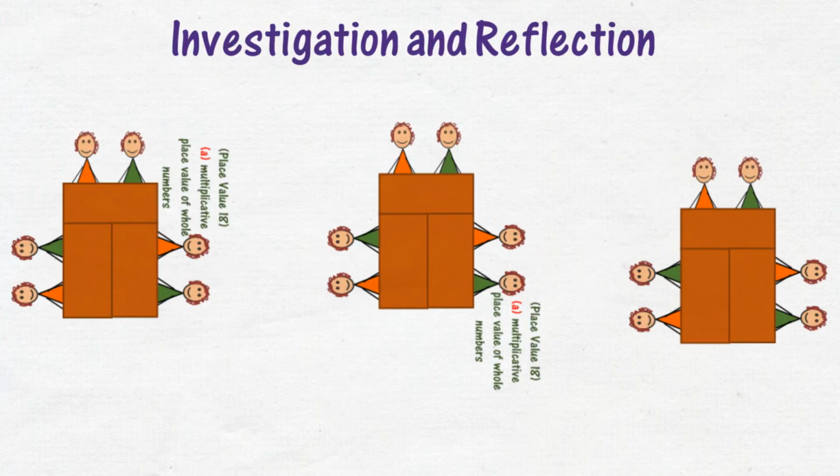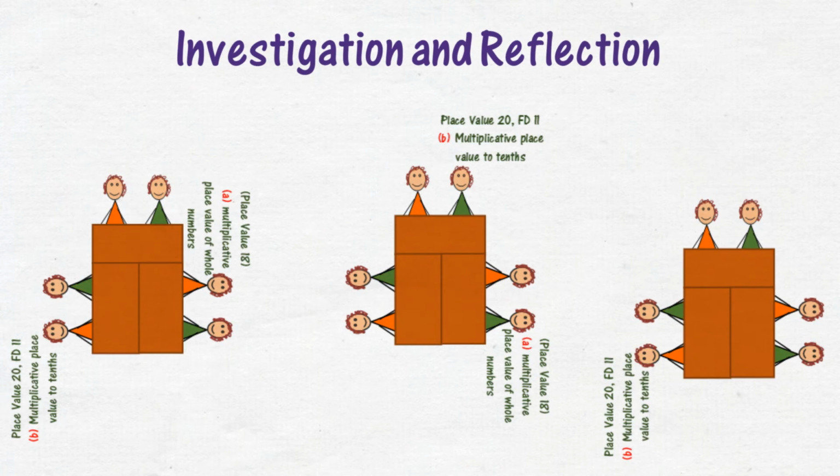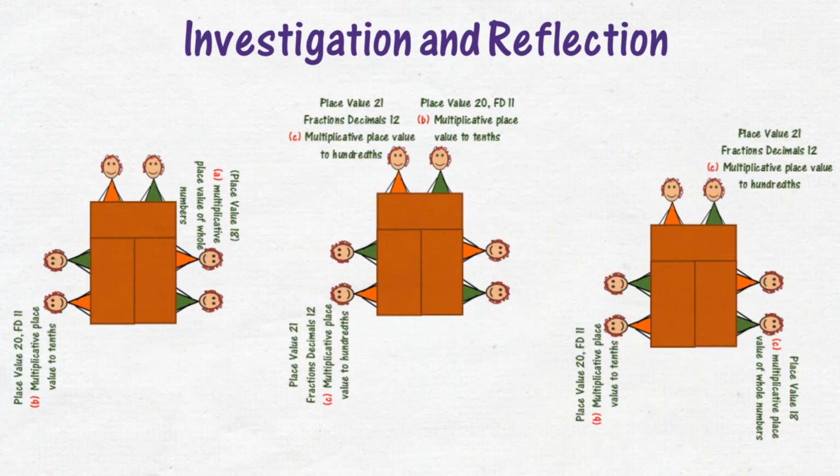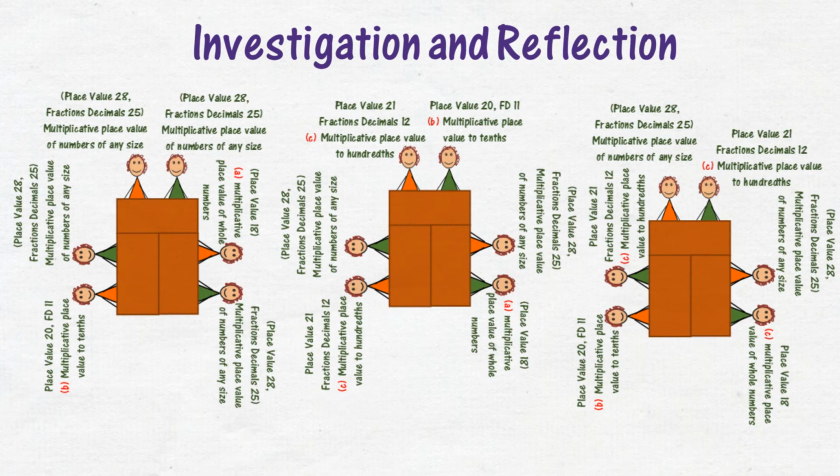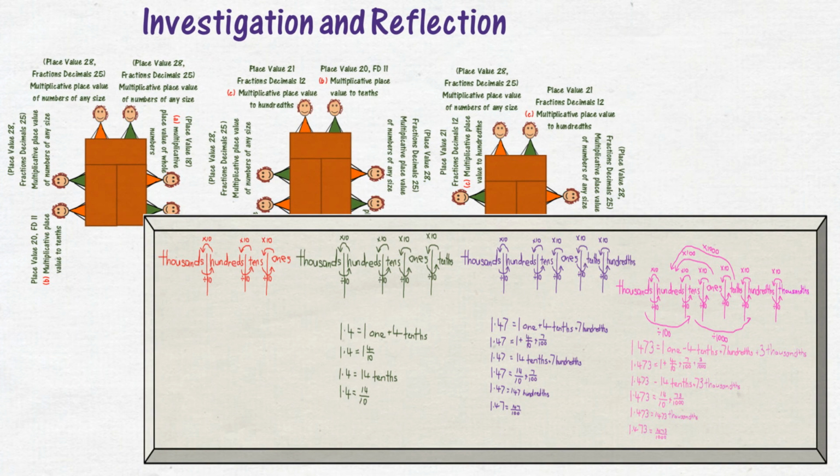For example, A, multiplicative place value of whole numbers, B, multiplicative place value to tenths, C, multiplicative place value to hundredths, and multiplicative place value of decimals to hundredths by multiplying and dividing by 10, 100 and 1,000. Children may be directed to their level by the teacher, or children look at the levels recorded on the board during explicit teaching.